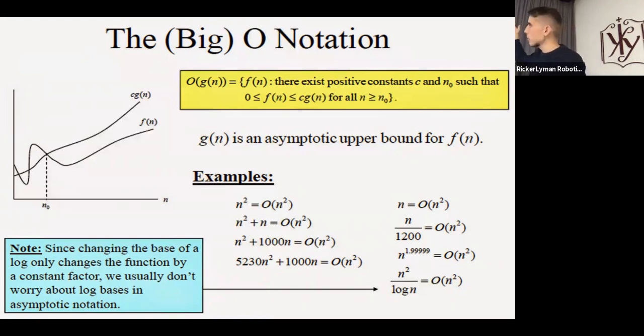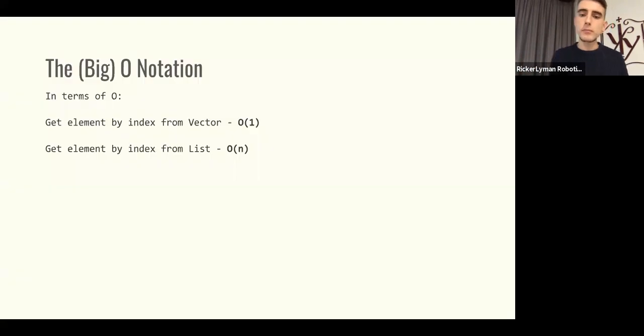That way we say that the algorithm represented by function f has complexity O(n), for instance. And O(n) would mean a linear time of accessing a value in a collection. So in terms of O, retrieving an element by index from a Vector, which is an indexed sequence, is O(1), and from a List, it's O(n).